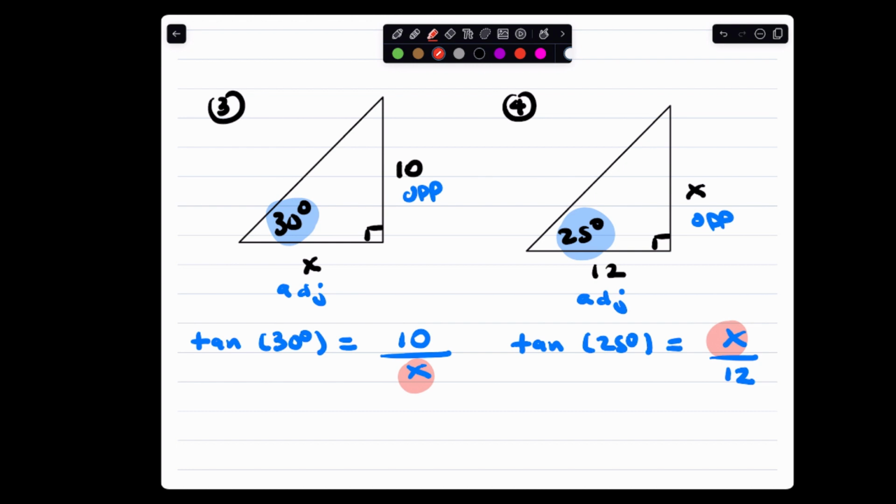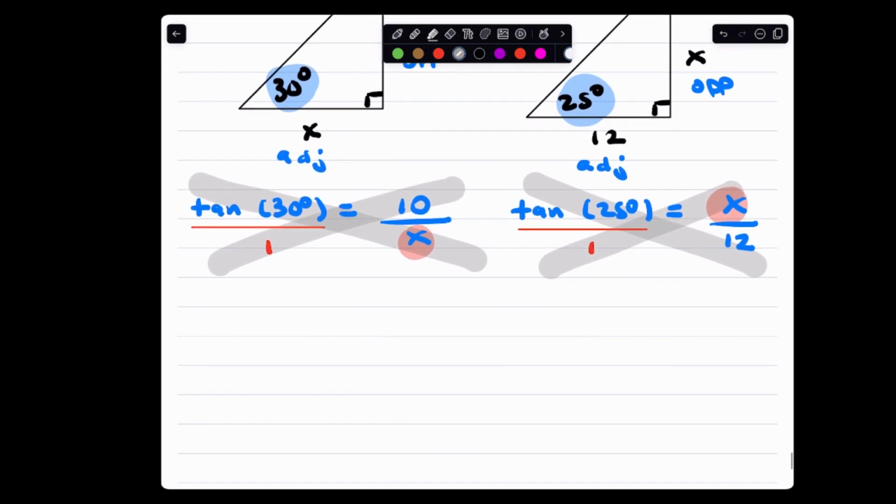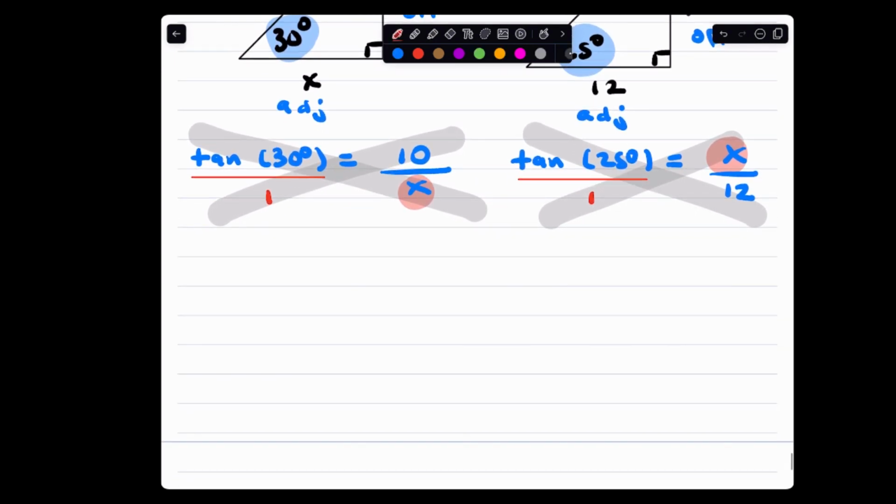Now remember, you have ratios, so we're going to cross multiply. By cross multiplying here, you end up with x tangent 30 degrees is 1 times 10. And then we have 12 tangent 25 degrees is 1 times x.